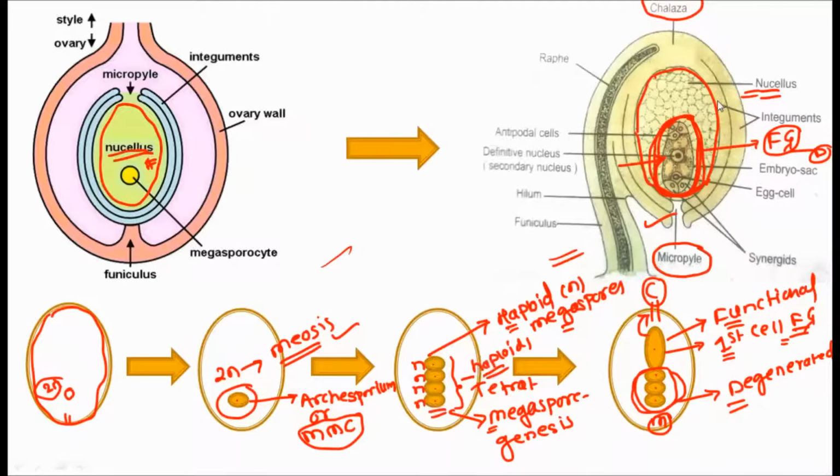You must remember that the first diploid cell from which all this started comes from the nucellus. The first diploid cell divides to form the tetrad of haploid megaspores, and later, out of the four haploid megaspores, three degenerate and one remains functional.